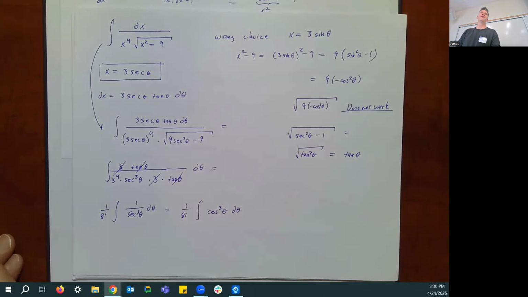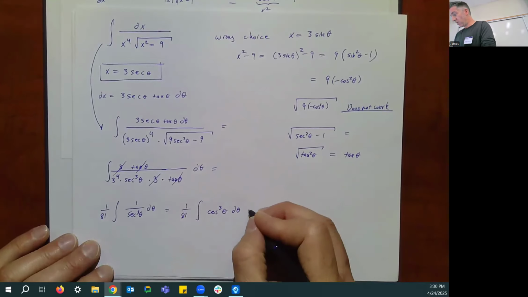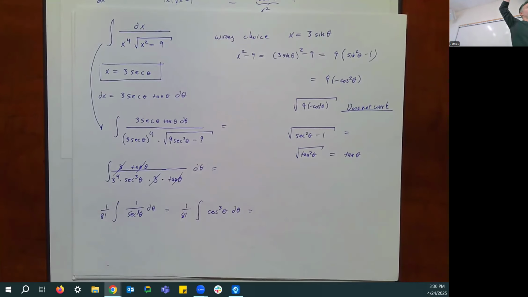And now we have to do a u substitution. And u is going to be equal to sine of theta. We did this one last time, or we did one similar to it last time, where when you have an odd power of cosine and an even power of sine, you pick u to be the one that's to the even power. And we have sine to an even power, we have sine to the 0th power.